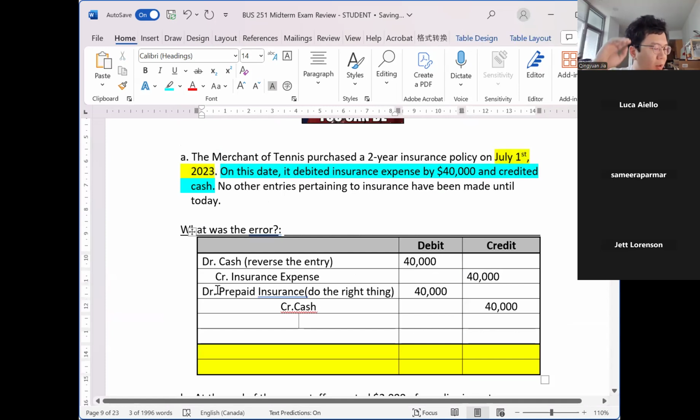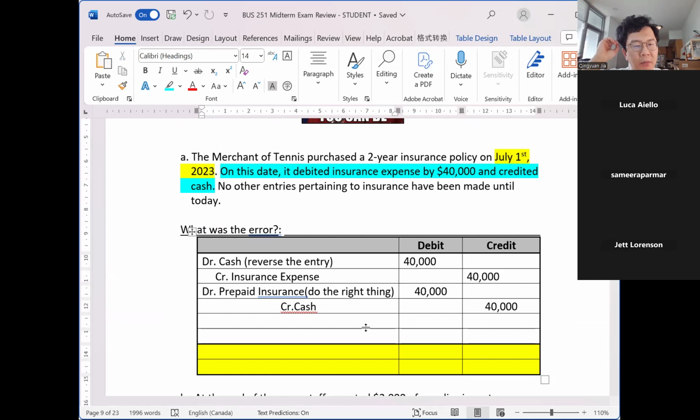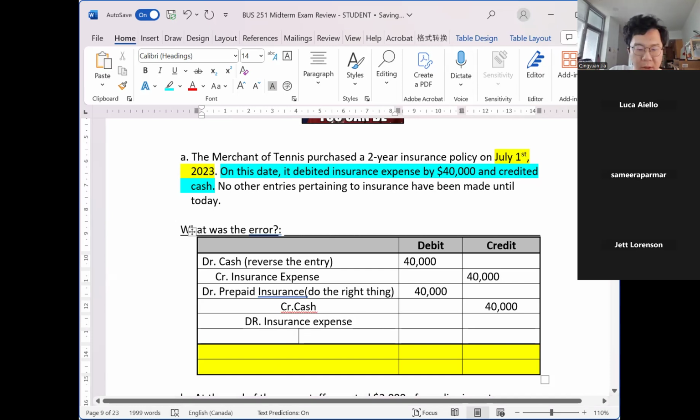So 1.5 years have passed when we have to do the adjusting journal entry. So we will move this part from prepaid insurance to the real insurance expense. So we will debit insurance expense and we will credit prepaid insurance.